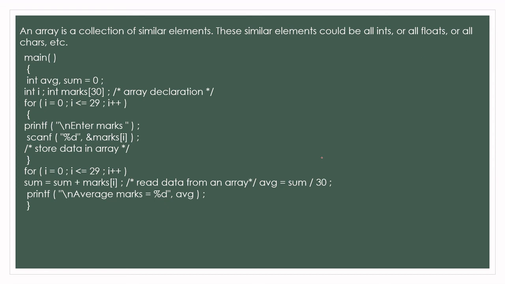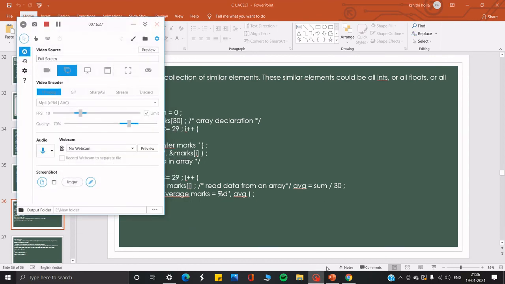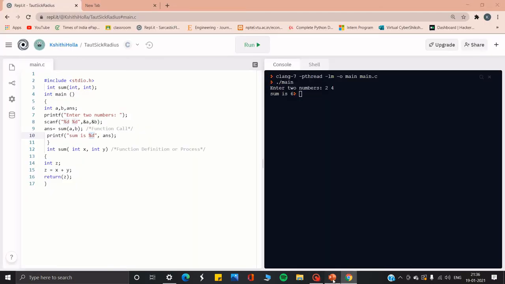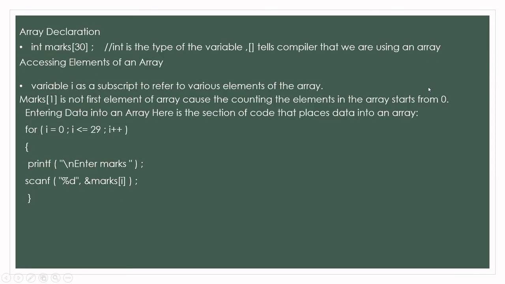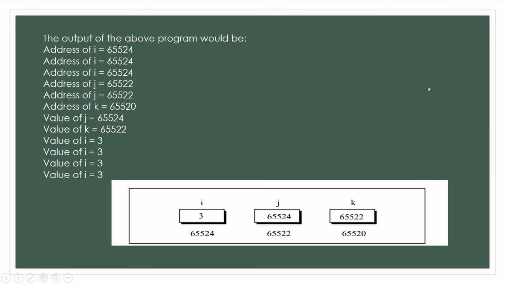The array is a list of similar elements. Array is a collection of similar elements. They could all be floats or whatsoever. So arrays are stored in such a way.